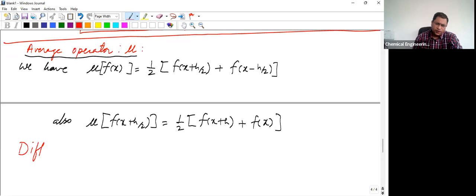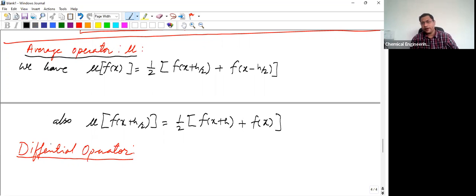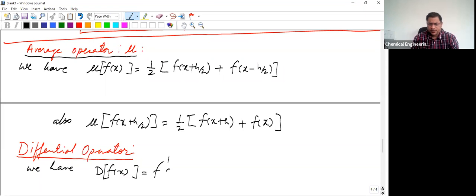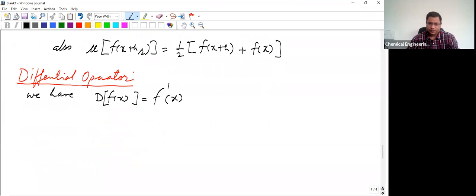So then we know the differential operator. So we have expressed the forward shift operator and backward shift operator in terms of the difference operator. So what we have, D of f of x is nothing but f dash of x. So that is the differential operator we have considered.